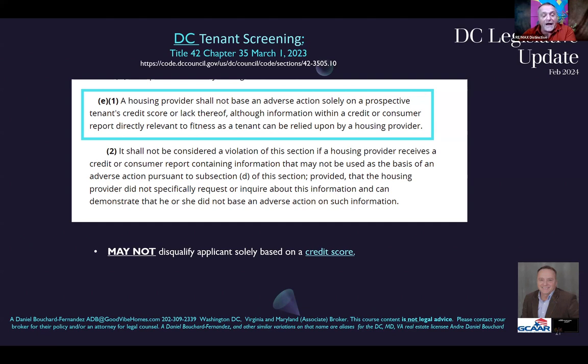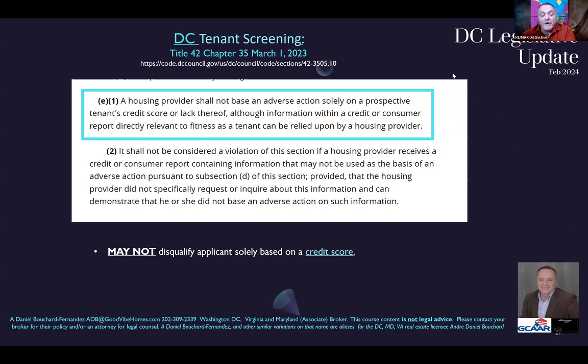So a housing provider shall not base an adverse action solely on a prospective tenant's credit score or lack thereof, although information within a credit or consumer report directly relevant to fitness as a tenant can be relied upon by a housing provider.